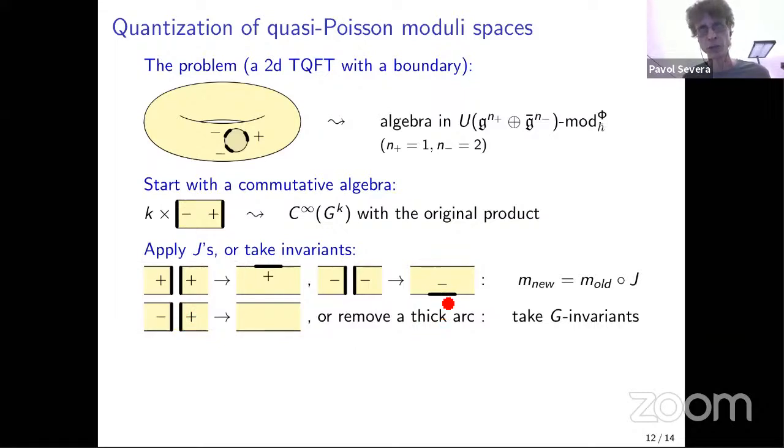Here we would simply take the invariance of the action of G. And we don't need to change the product in any way. So this is like taking invariance with respect to a coisotropic subalgebra, as it appeared on the previous slide. Okay, so these are the rules that one should follow. It's only here that the product is modified. Here, nothing is modified.